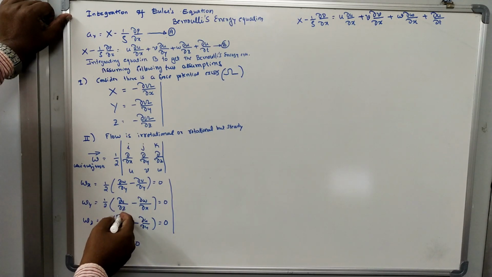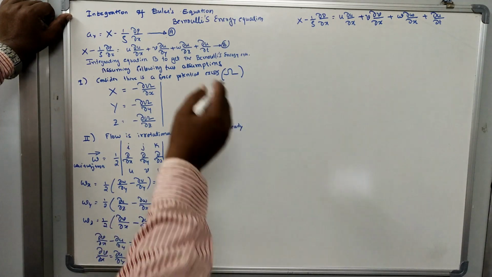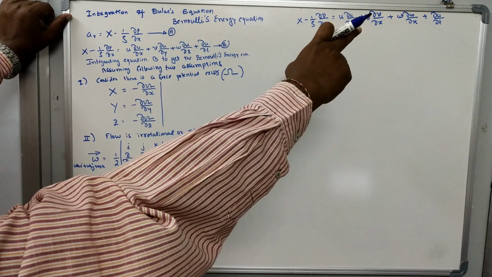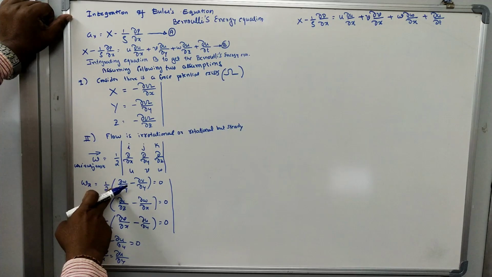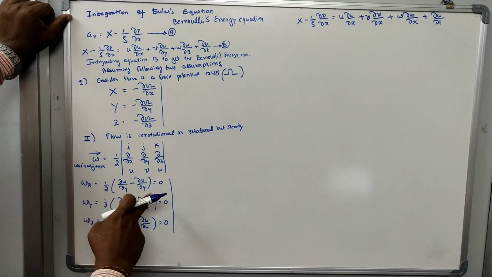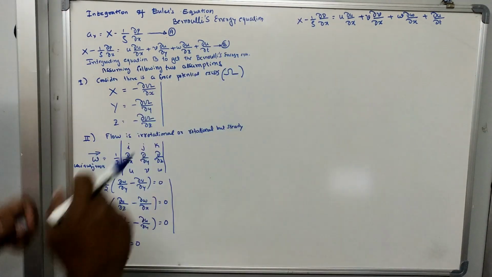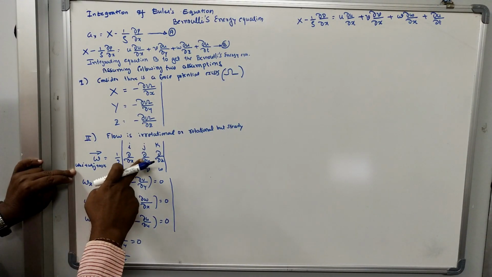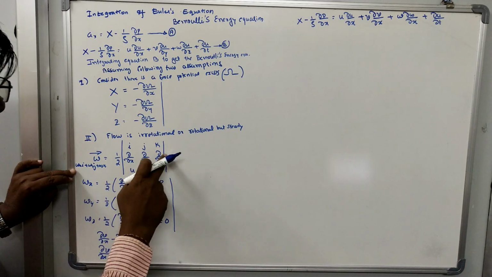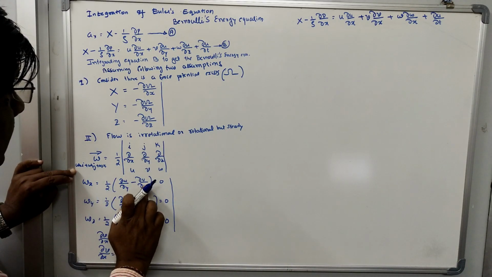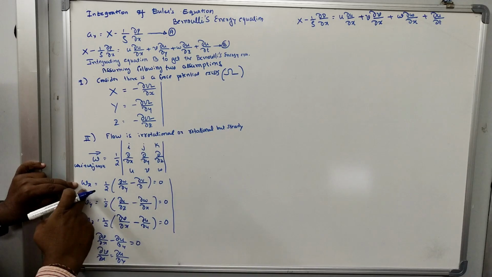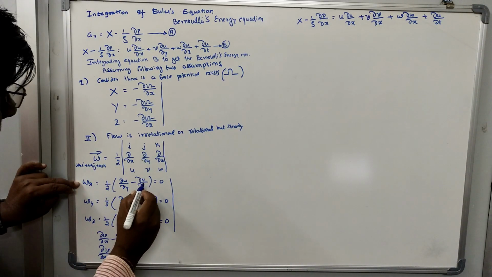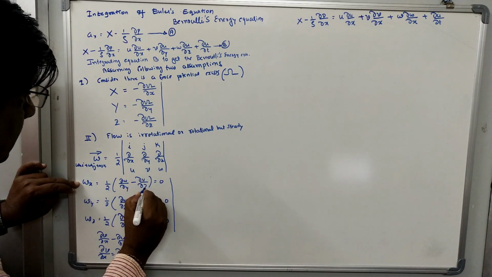Similarly, ∂u/∂z is equal to ∂w/∂x. Similarly, ∂w/∂y equal to ∂v/∂z. So also you can substitute here, omega x is equal to ∂w/∂y minus ∂v/∂z.